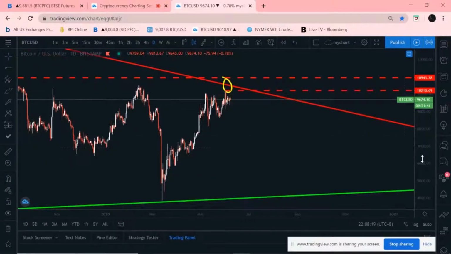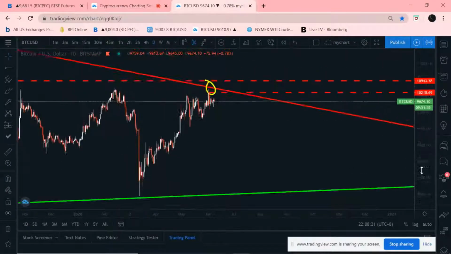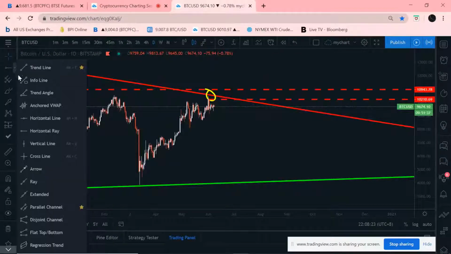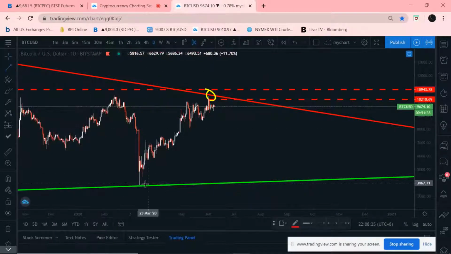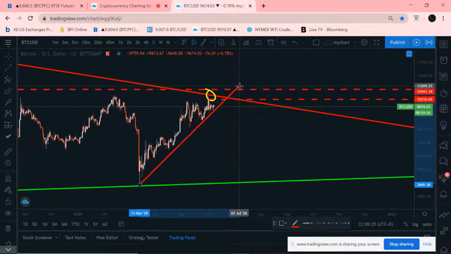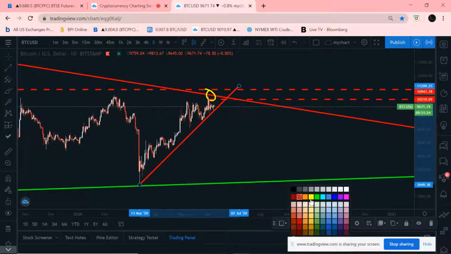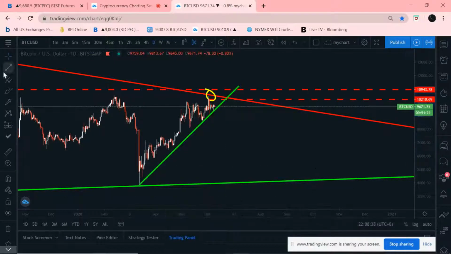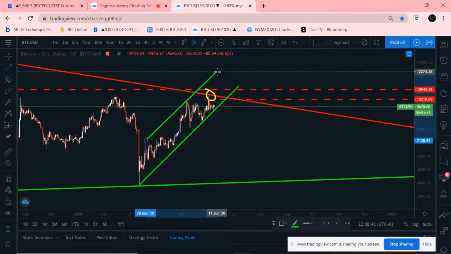Now let's go to the possible supports. Let's plot first the trend line here. So this is actually the trend line. Let's make it green because this is the support. And of course, the resistance around this area.